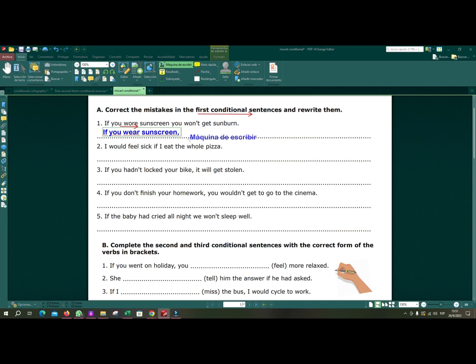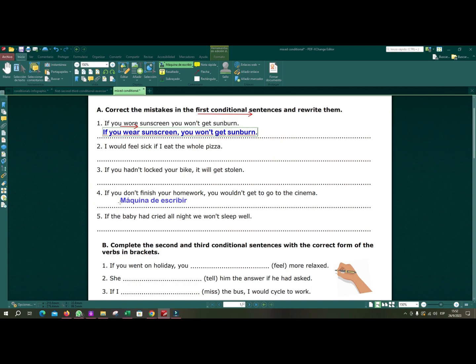So, comma, you won't get sunburn, right? So if you wear sunscreen, you won't get sunburn, right? So you need to correct the mistakes in the first conditionals and then rewrite them, right?